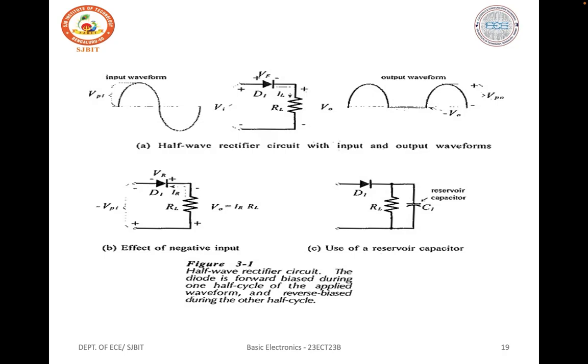Thus, a negative half wave rectified waveform can be generated simply by grounding the positive output terminal of a positive rectifier circuit.